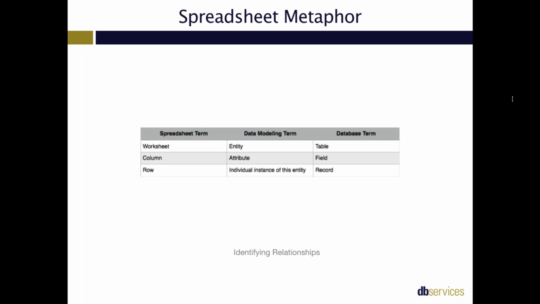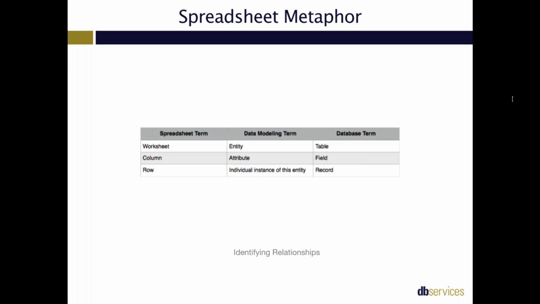And this translates spreadsheet terms, data model terms, database terms. So if you think about a spreadsheet, one worksheet is a table or an entity. And then let's say that you have a spreadsheet of contacts, right?